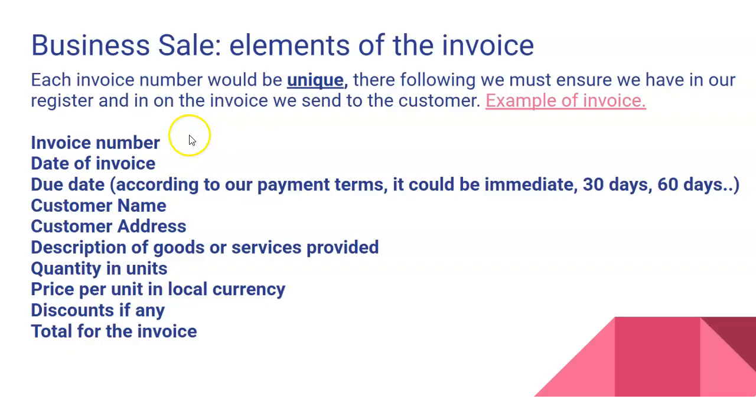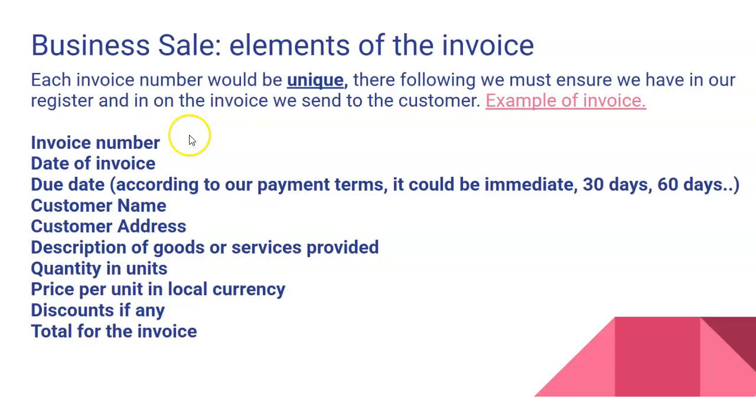system. Amongst other items, we should have the date of invoice. This is really important because from the date of invoice, you may calculate when the customer needs to pay. Due date, according to payment terms and a contract between you and the customer. Customer name, address, any contact details, description of the goods or services you provided, and preferably if you put in quantity in units. Let's say you sold apples, 1 kilo, price per unit, price per kilo.